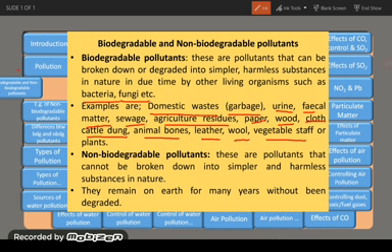All these pollutants are biodegradable. That is, bacteria or fungi can act on them and cause their decomposition.